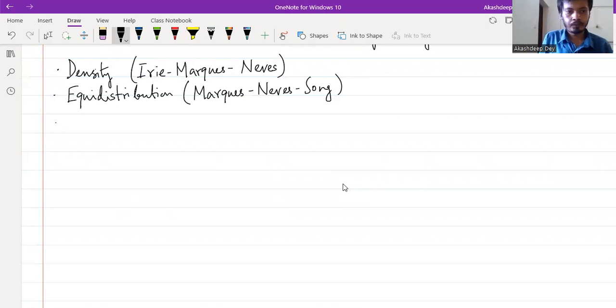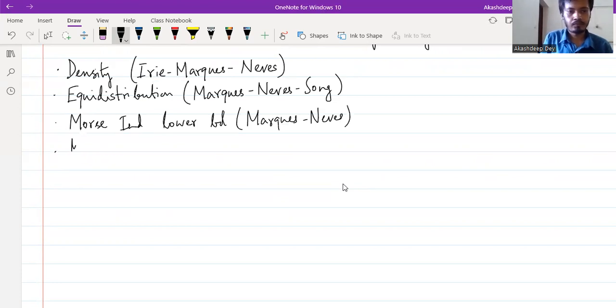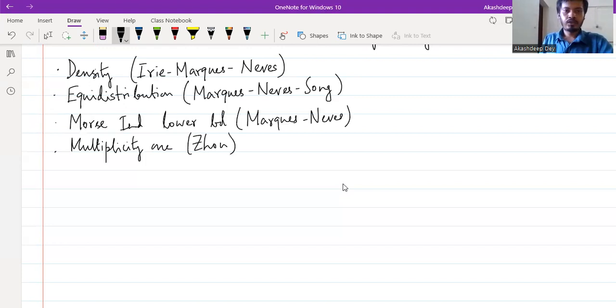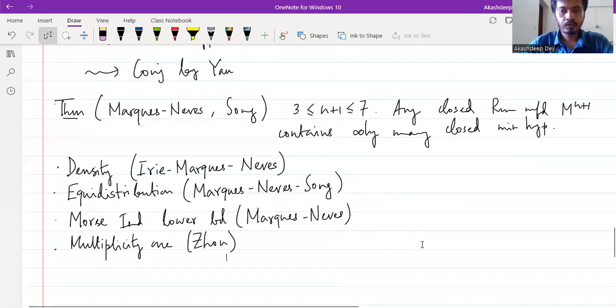Morse index lower bound by Marques and Neves. Multiplicity 1 by Zhou, and many others. So all these theorems tell us that in a closed Riemannian manifold, closed minimal hypersurfaces exist in abundance.